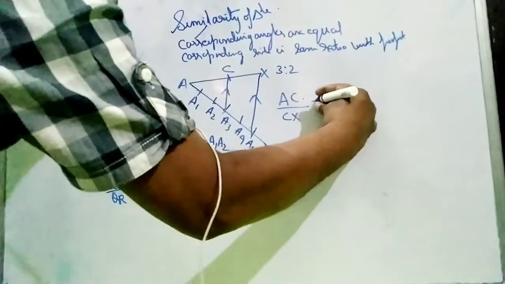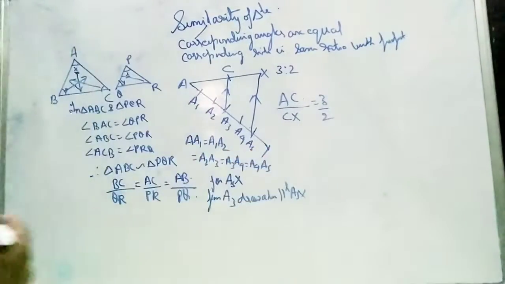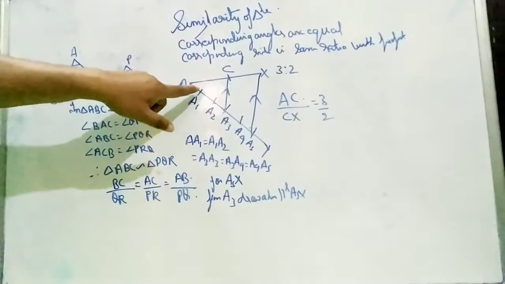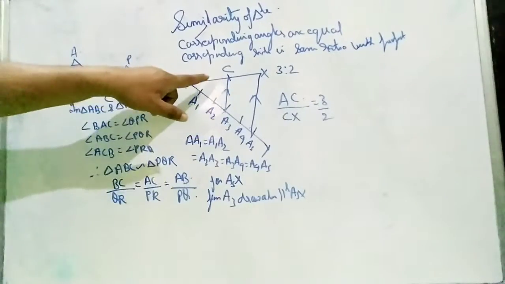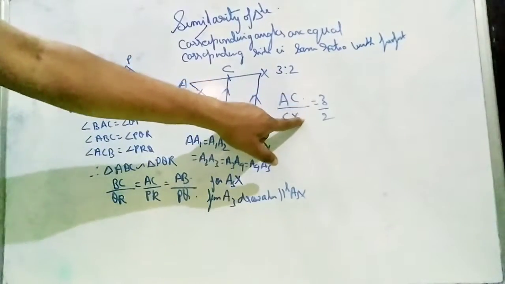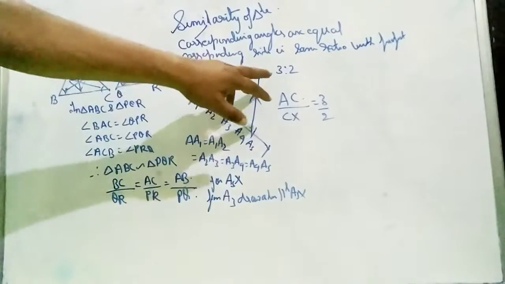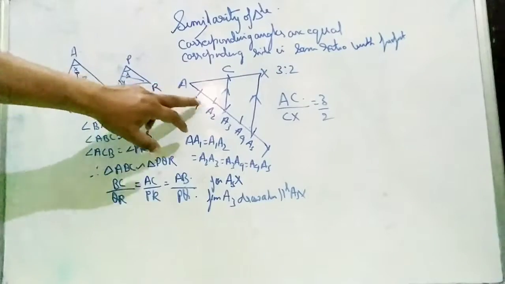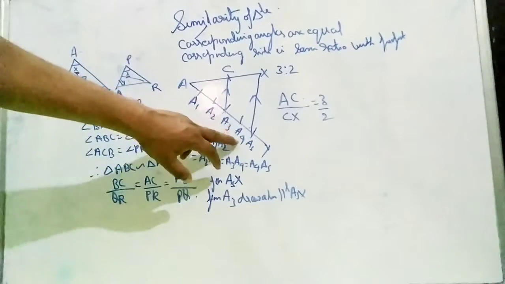AC upon CX is always equal to 3 upon 2. So in this way you can divide any line in a given ratio. Suppose you have to divide it in 3:2, so 3 plus 2 is 5. You have to divide this angle line into 5 equal parts.